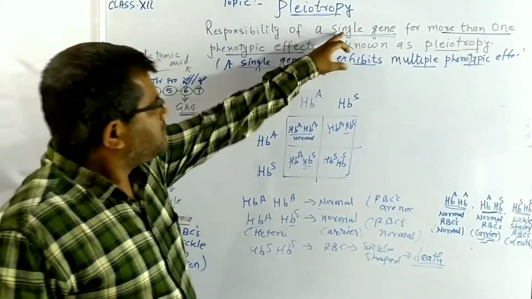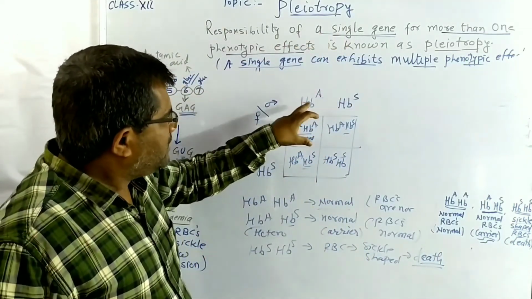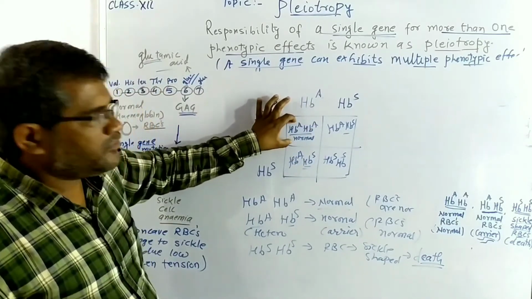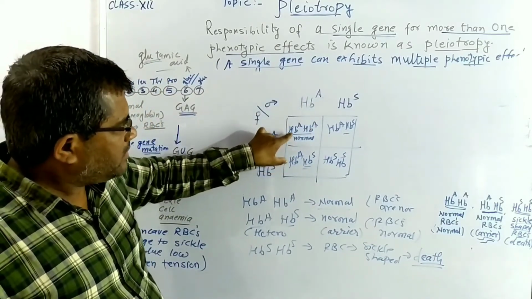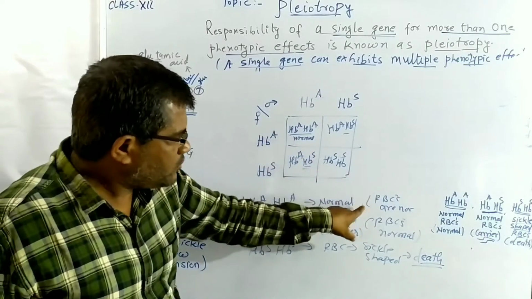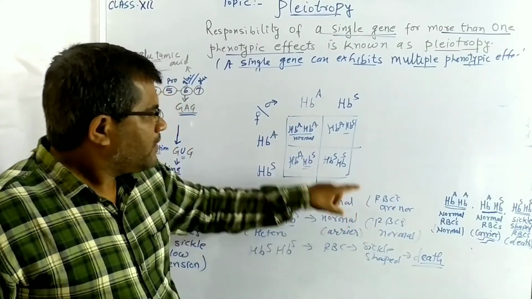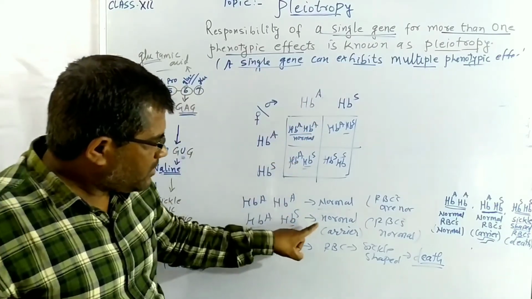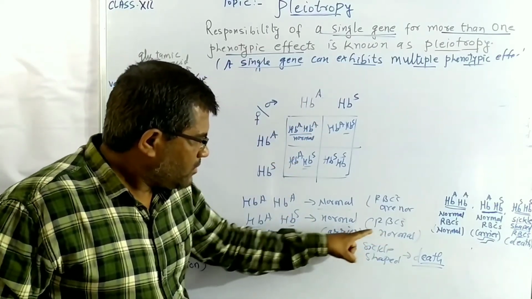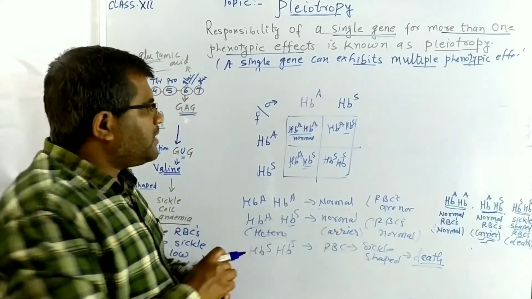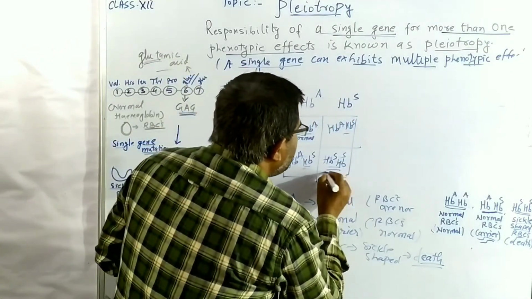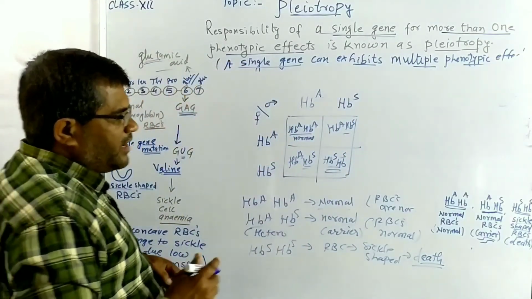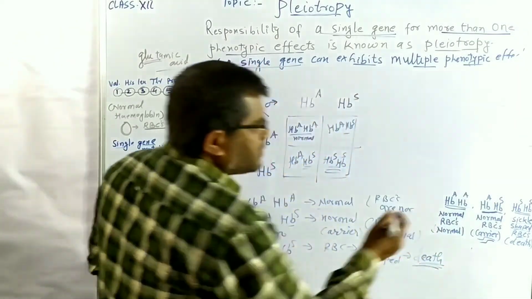So it is a single gene. In the normal condition, homozygous HbA, it shows the normal effect. If it is in the heterozygous condition, it shows normal but carrier. But when the recessive alleles come together, it leads to the death of the individual.